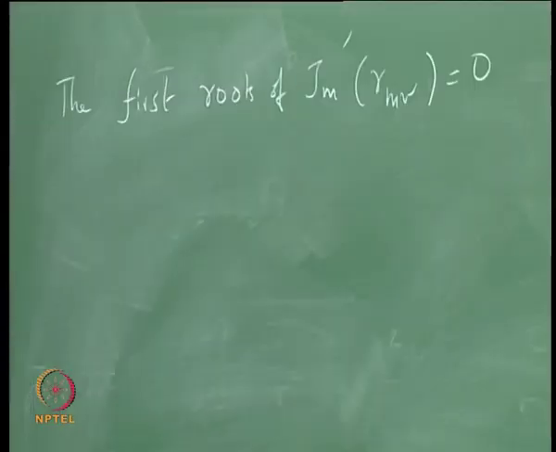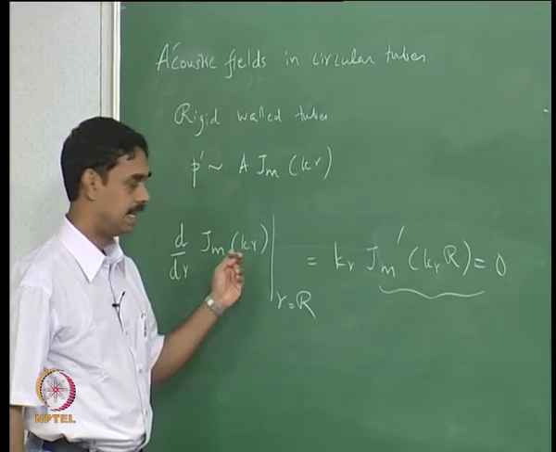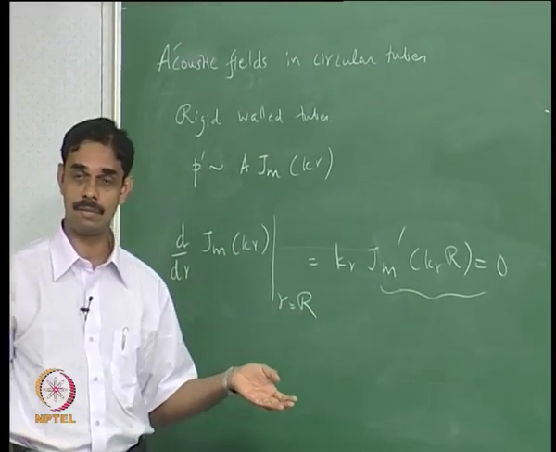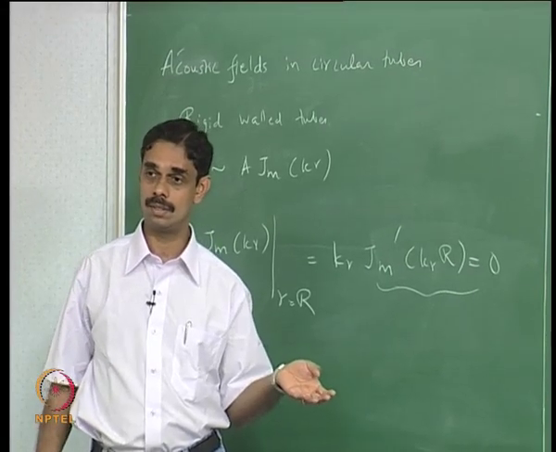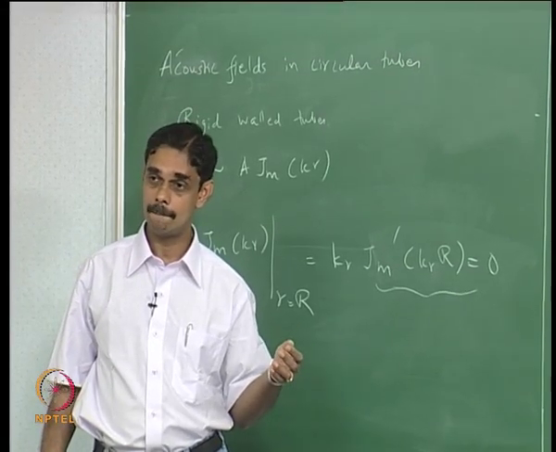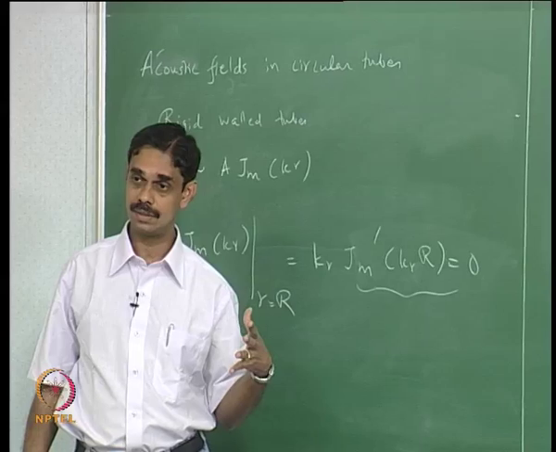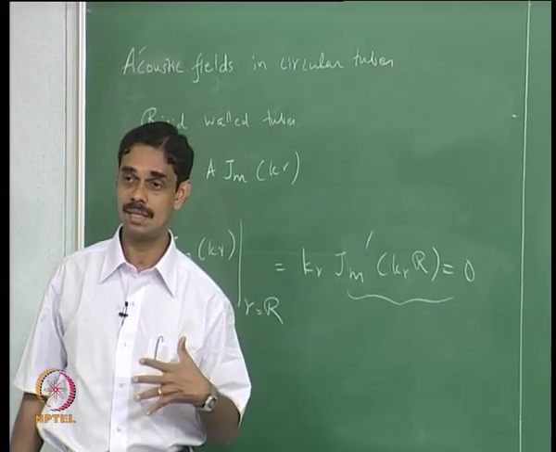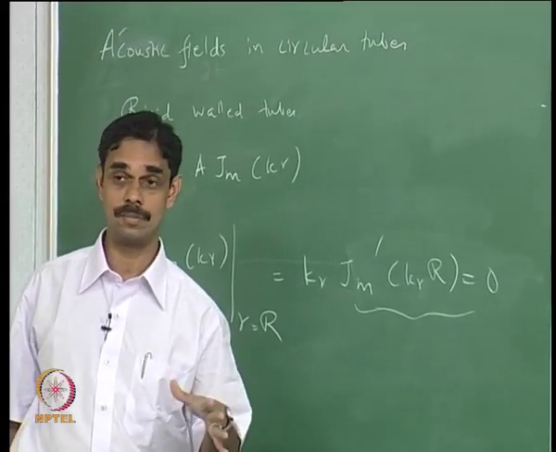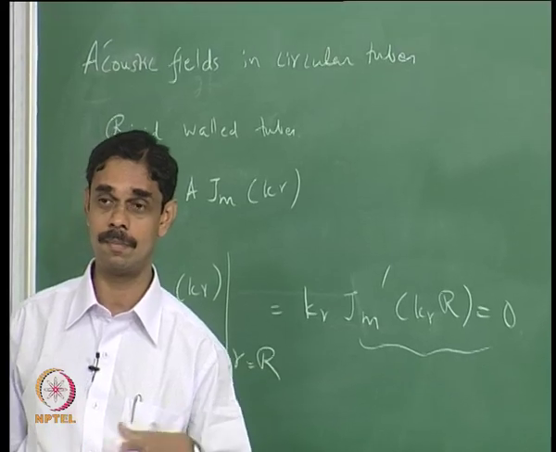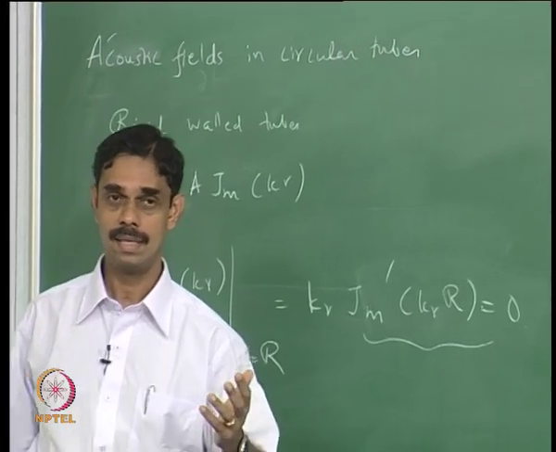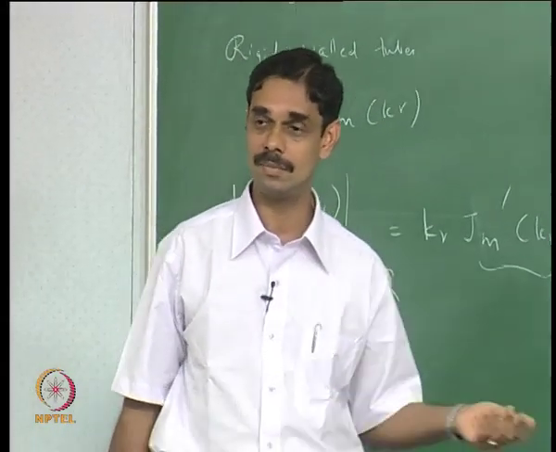Of course there are interesting relationships between Jm and Jm primes. For example, if m is 0, J naught prime goes like J1, and for higher ones there are recurrence relationships where the primes can be written in terms of other J's, but it is not as simple as sine and cos except in the case of J naught.